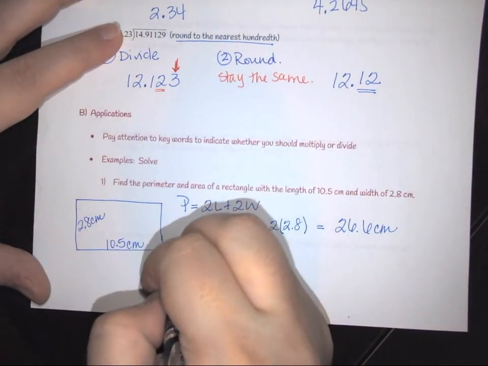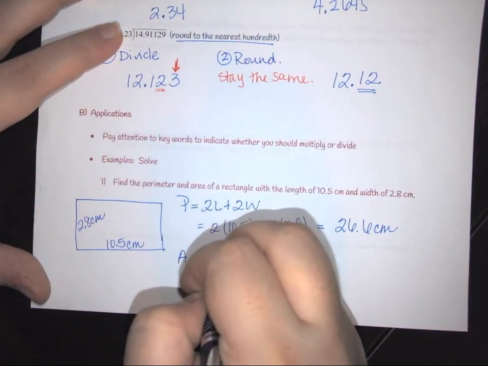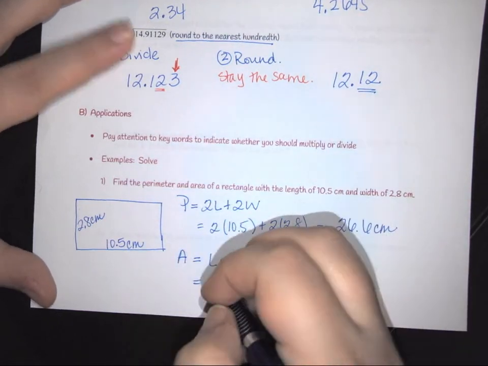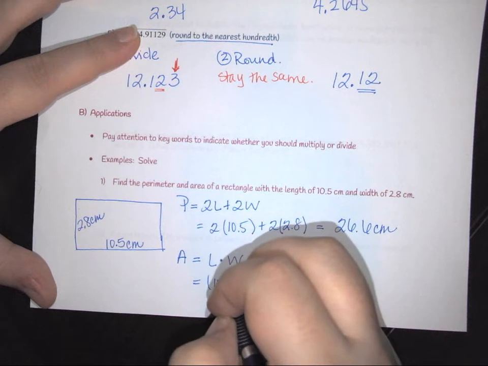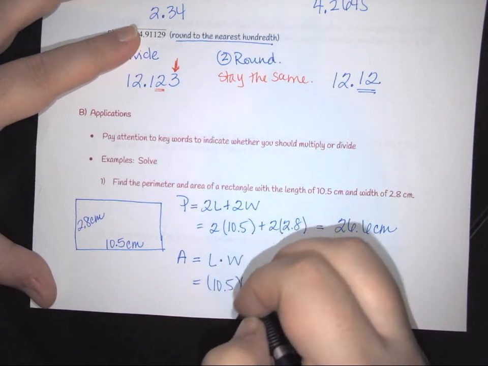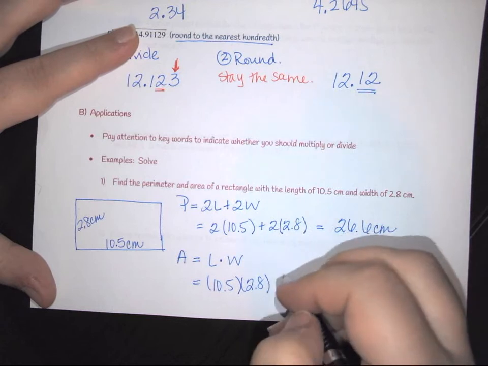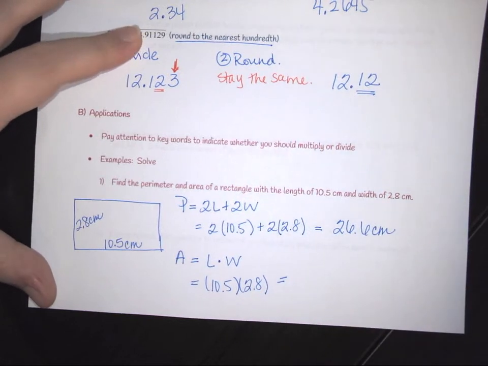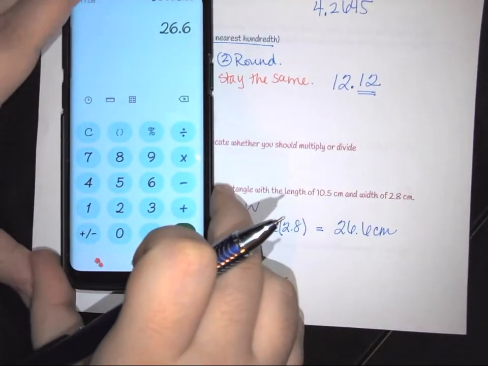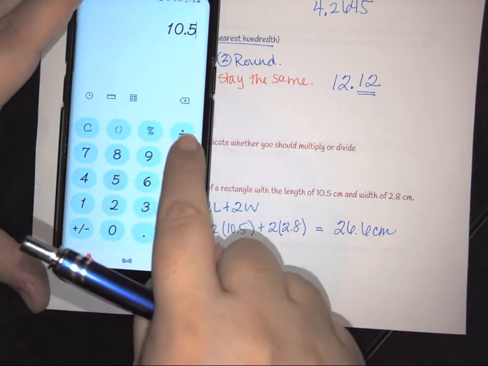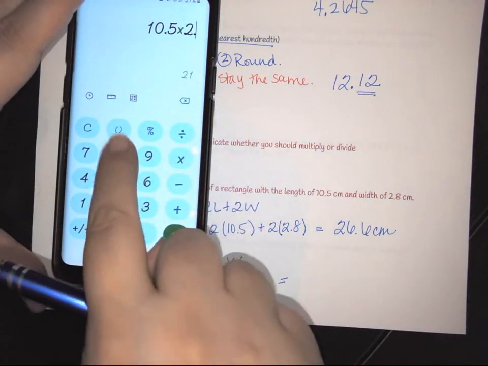Now when we're looking for area, we're looking for length times width. So in this case, we would be looking at 10.5 times 2.8. To do that, again, we can use our calculator. So again, we have 10.5 times 2.8.